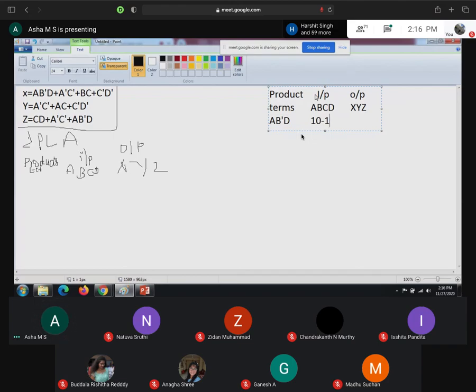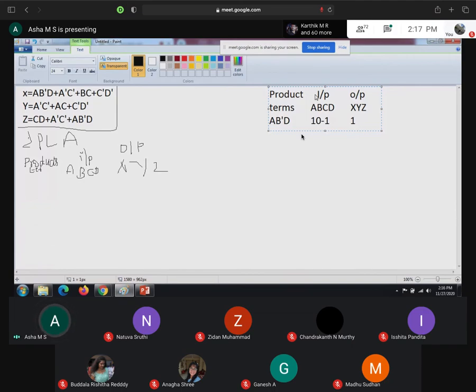Next, we'll fill in the outputs. This product appears in the output function X. Where else is AB̄D present?